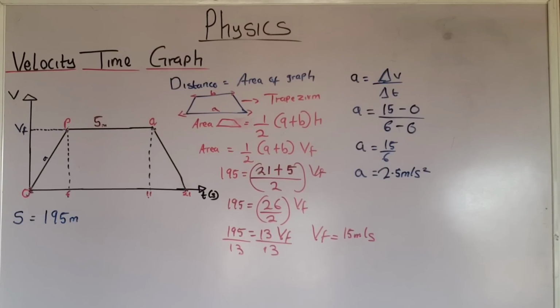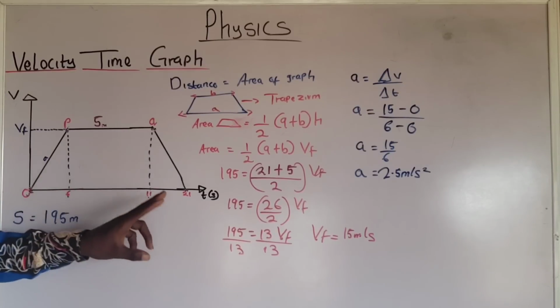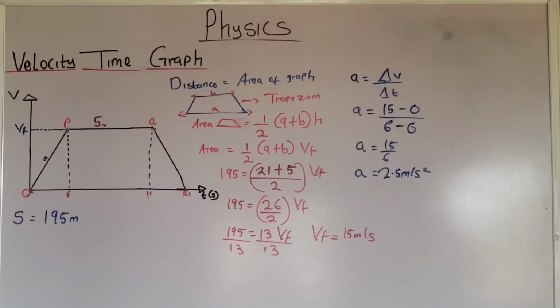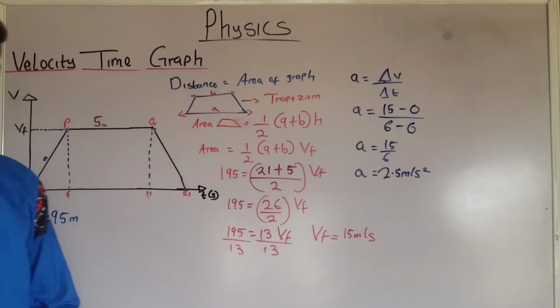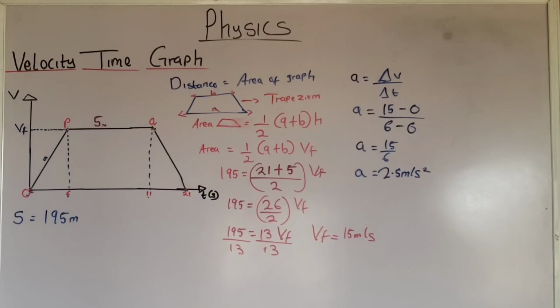That will be 15, change in velocity, which is Vf minus V naught, divided by change in time, 21 minus 0. You understand? So you're going to have 0.71. But we are only asked to calculate the acceleration of the section OP. So the acceleration of the section OP is 2.5 meter per second squared. Okay, so that is the solution to the question.